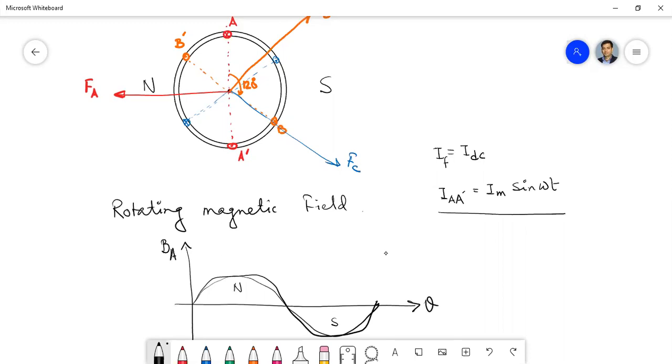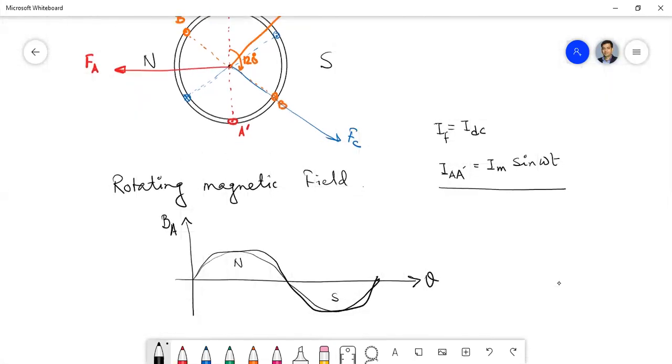But if I provide alternating current through the A prime conductor, will this same nature be there, or will there be any change? That I'm asking. There should be some change because of which the amplitude should be variable at every point.